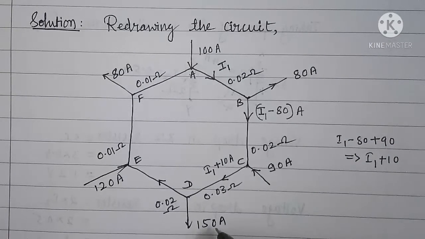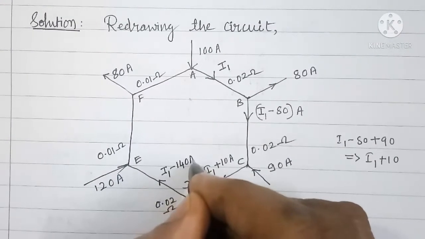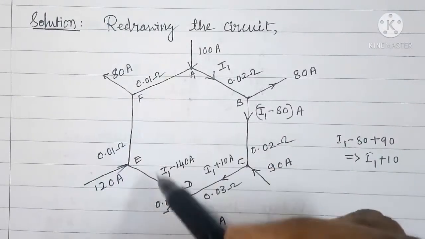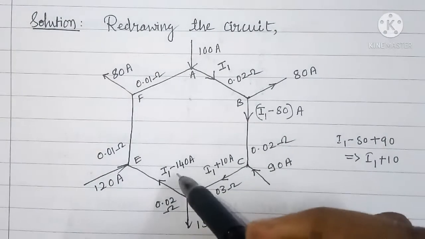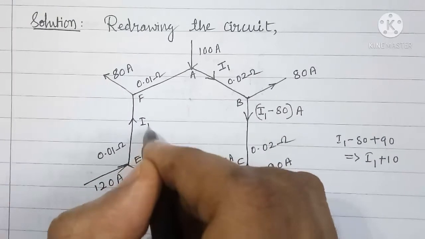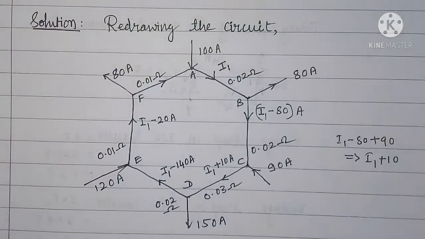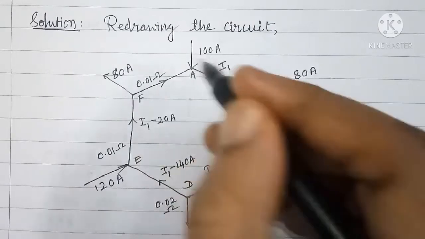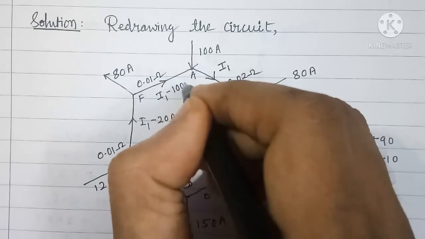That will be I1 minus 140. Current in branch EF is the sum of incoming currents, because both currents are incoming here. I1 minus 140 plus 120 will become I1 minus 20 ampere. Current through branch FA is I1 minus 20 minus 80, that will become I1 minus 100 ampere.